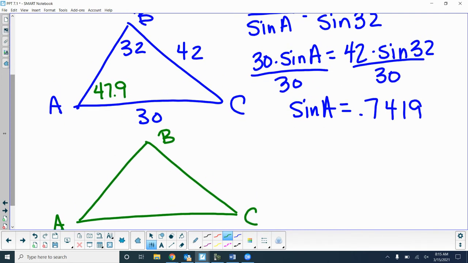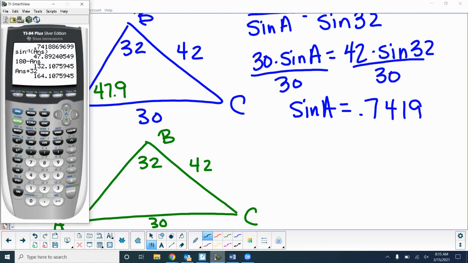So B is still 32 degrees, side B is still 30, side A is still 42. All that's still the same. Now, there's a new angle A, and its measure is the supplement of that.